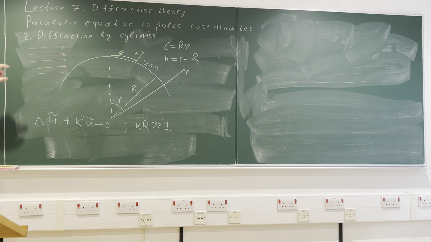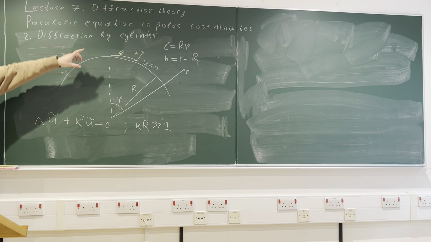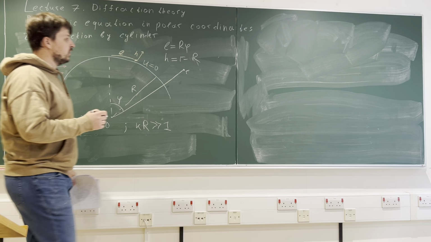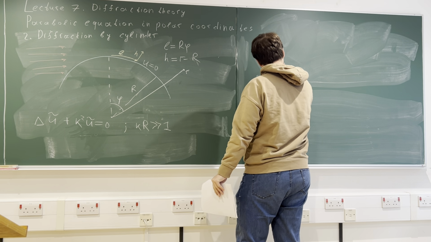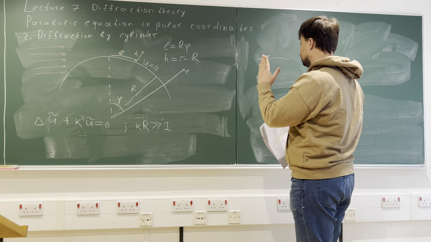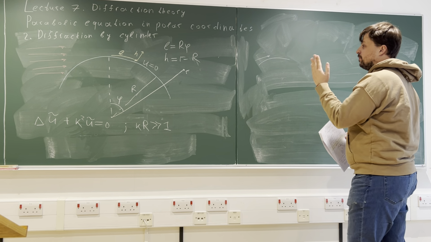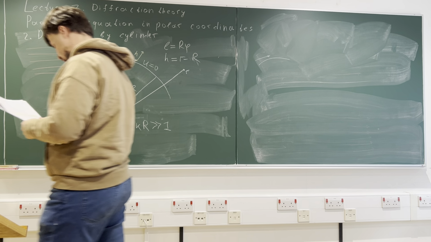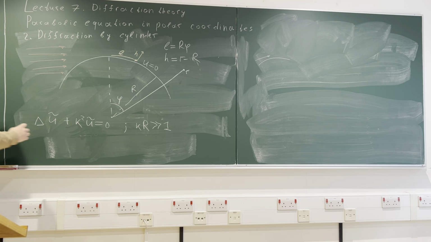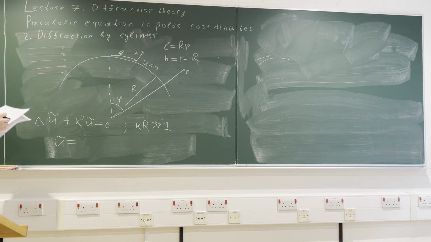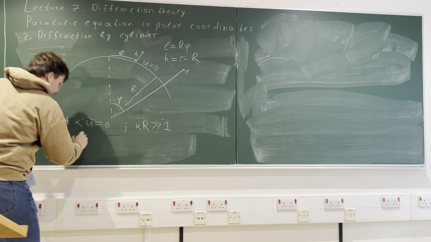So I have short waves going along a slightly curved surface. That makes sense. If my surface is almost flat, I can expect that the diffraction will mostly happen on small angles. So my parabolic approximation will work.